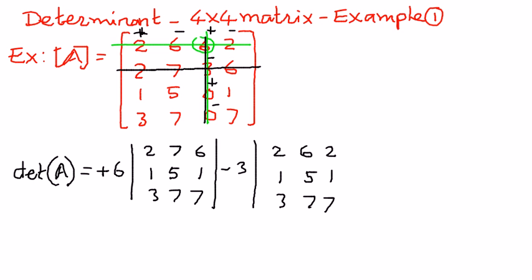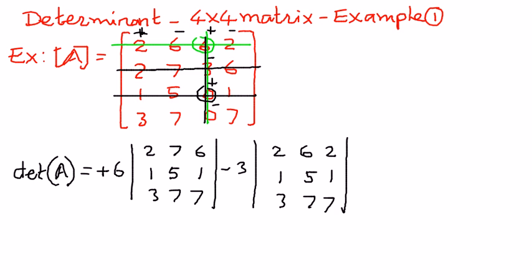The minor of that element is 2, 6, 2, 1, 5, 1, and then 3, 7, 7, like what I've shown you here.